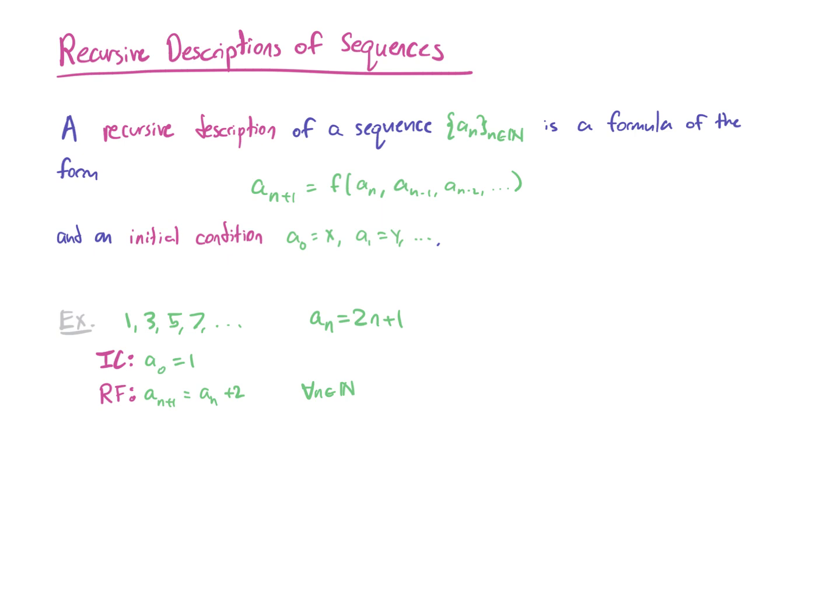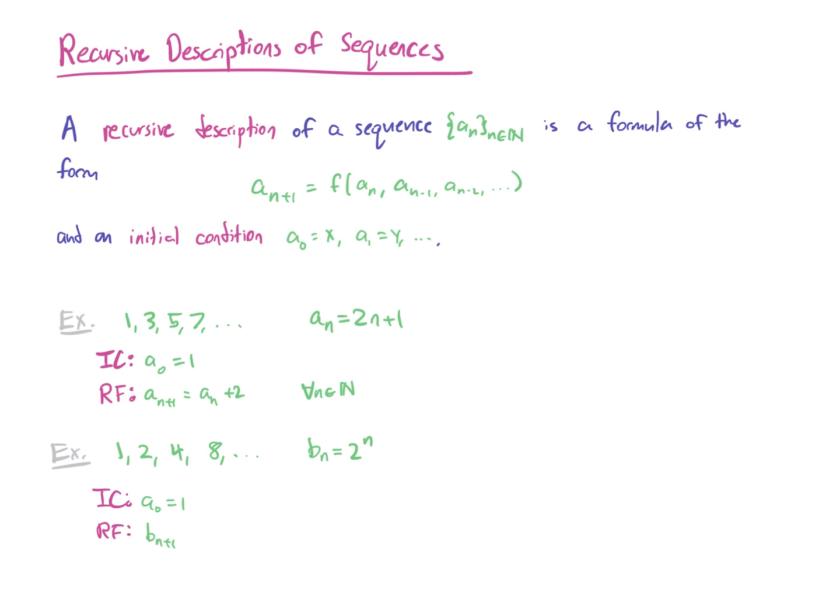Similarly, here's another example. If I look at my example of the powers of 2, here my initial condition is going to be a0 equals 1 again. And my recursive formula is going to be, I get the next element of this sequence by looking back at the previous element and doubling it.